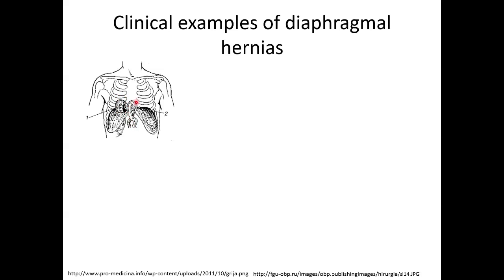We can see here part of the intestine and part of the stomach. So it's very dangerous because it could result in serious pain and ischemia and then necrosis. Without any surgical treatment, it's very dangerous for life.